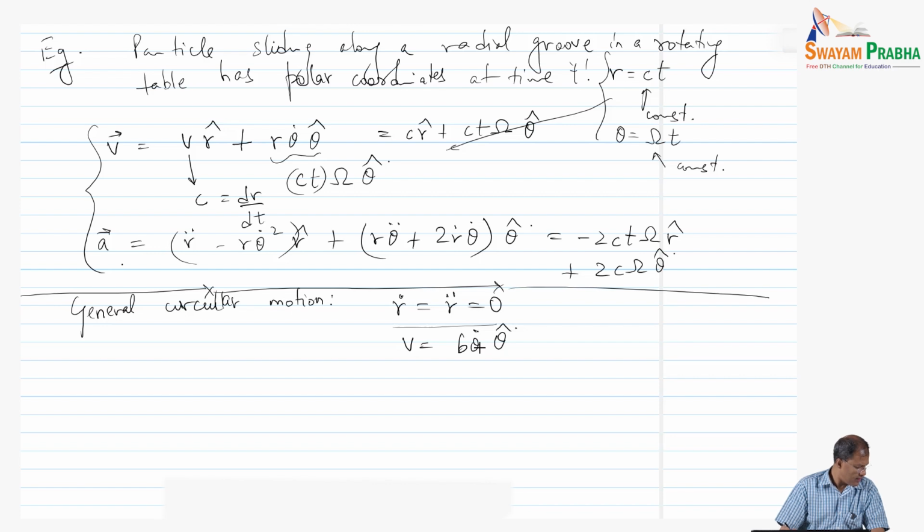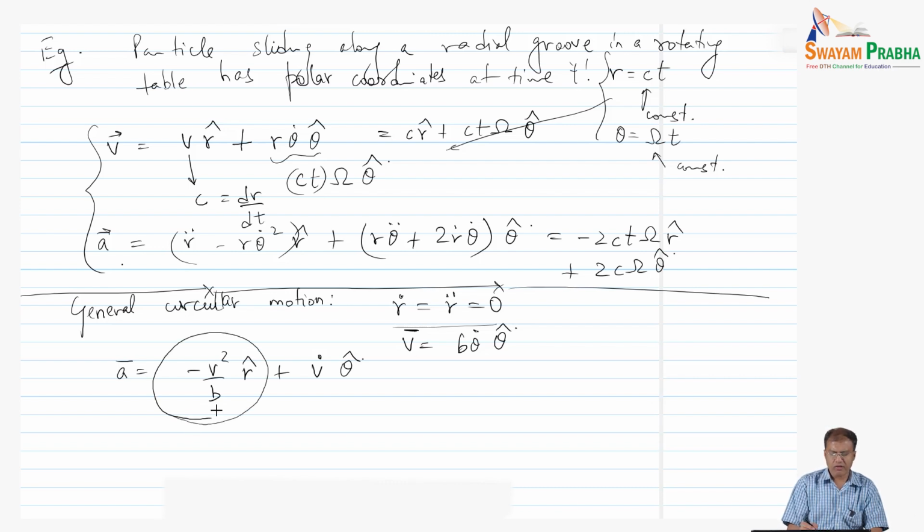And so that's my velocity, and the acceleration a, using the formula, comes out to be minus v squared by b r hat plus v dot theta hat. A few slides back we had looked at an example where we found the acceleration of the particle along the circle was this quantity.